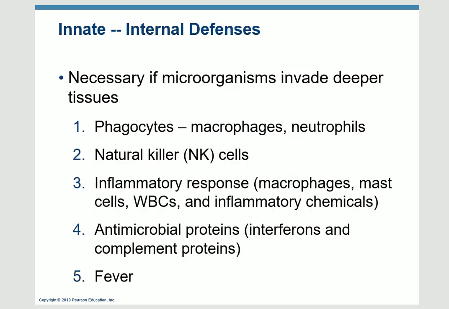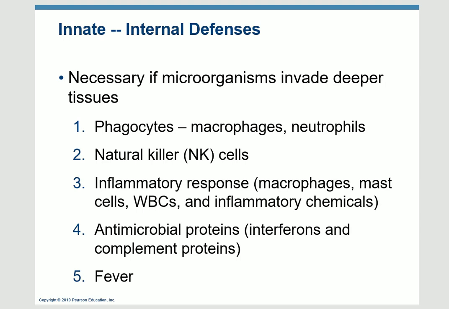So innate, internal. If somehow microorganisms get deeper, you need a defense mechanism, right? So this is where phagocytes come in. They include macrophages and neutrophils. Our NK cells are natural killer cells.